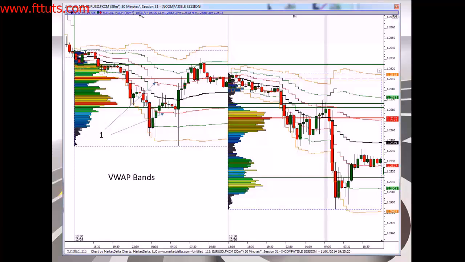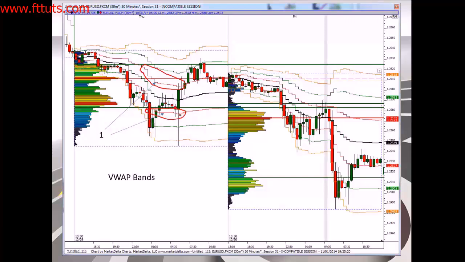So you have one level that will be at 1 standard deviation above the VWAP, as we see here, and then you have another level that will be 1 standard deviation below the VWAP. The calculations are made automatically by the indicator, and it will show it right away on the chart.